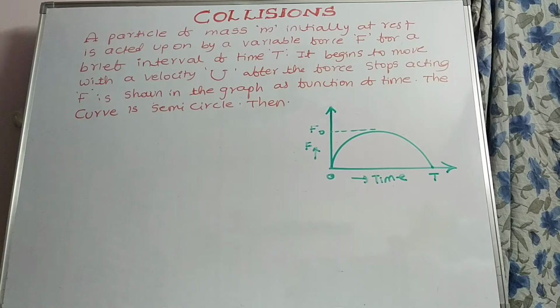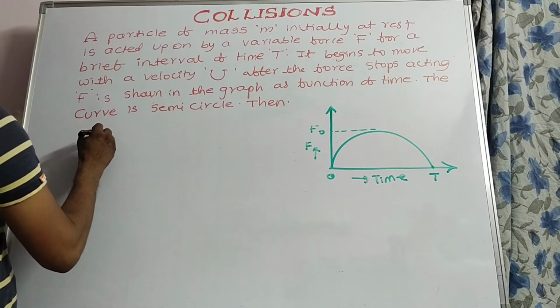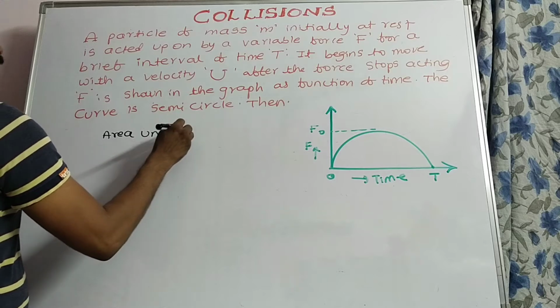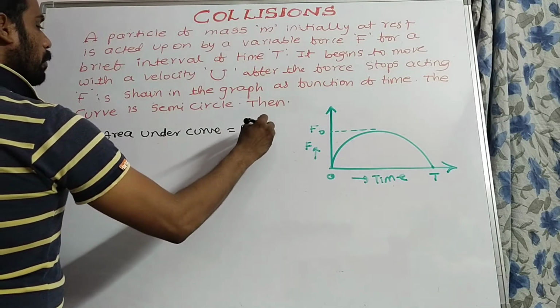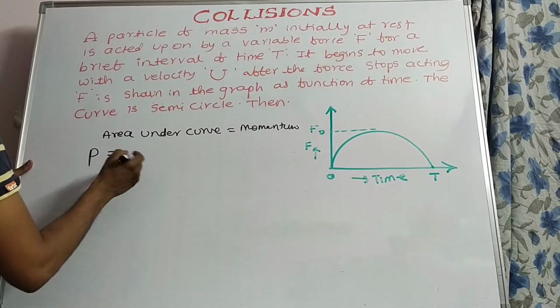The curve is a semicircle. Given the curve is a semicircle, the area under the curve will give momentum.